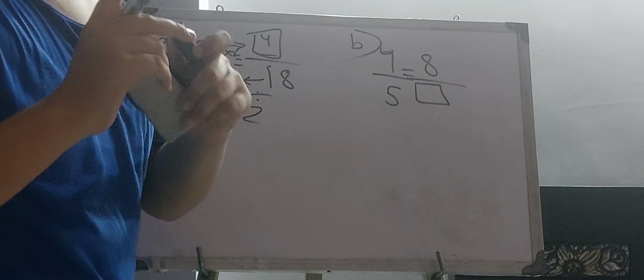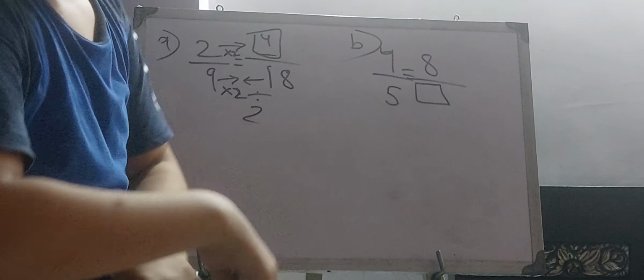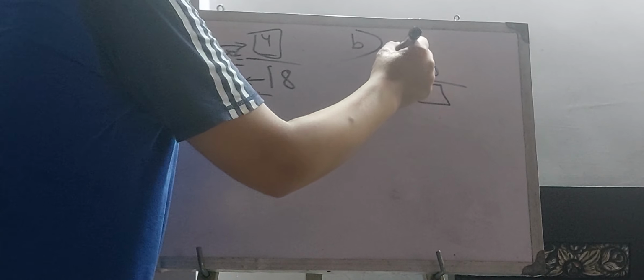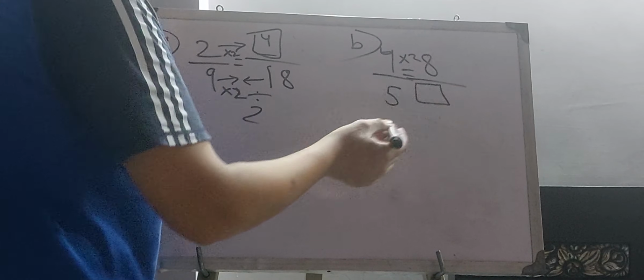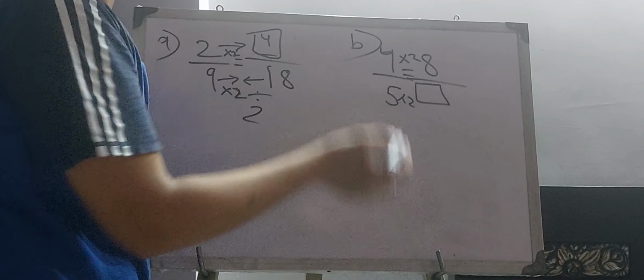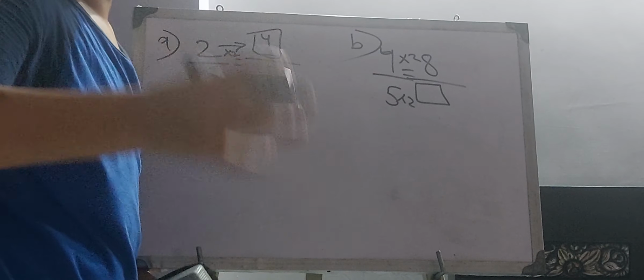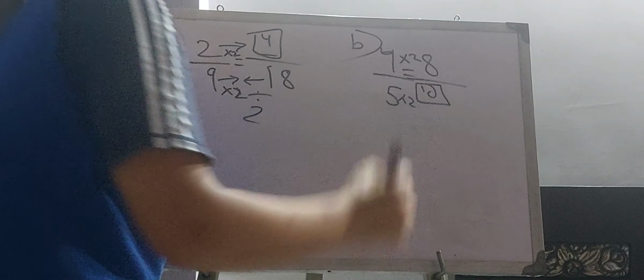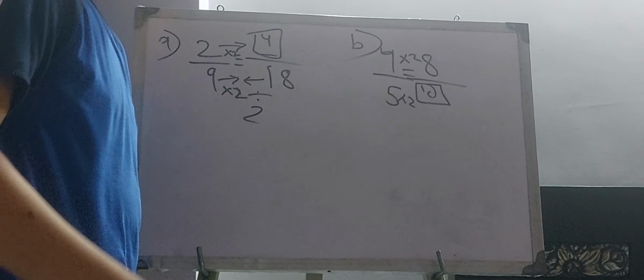Remember, numerator and denominator are completely opposite. Don't mix them up. So you multiply 4 by 2, it becomes 8. You multiply 5 by 2 also, because you have to multiply the whole fraction by the same number. So it becomes 10. And this is how you will do the rest.